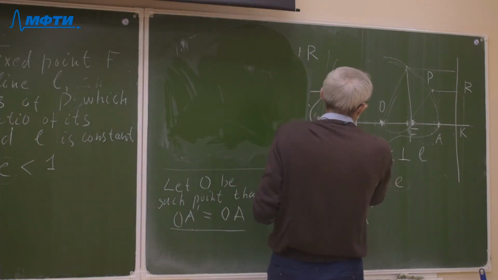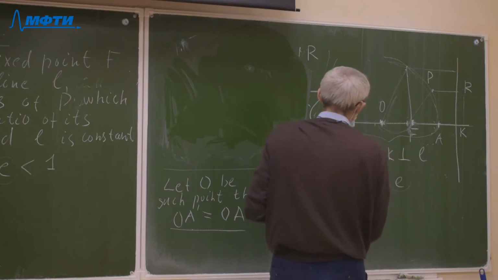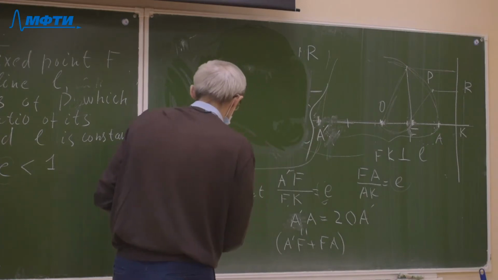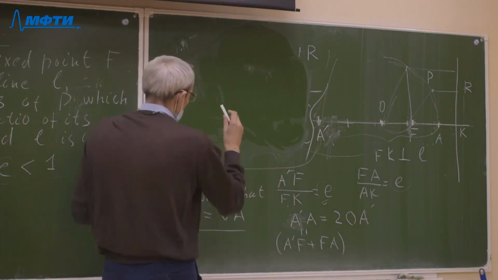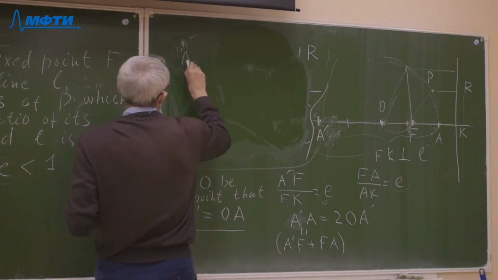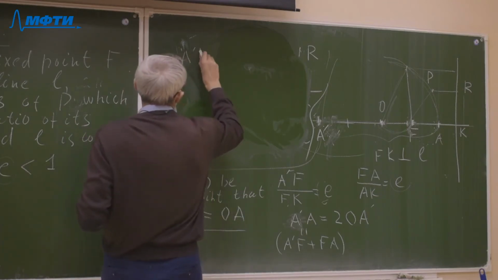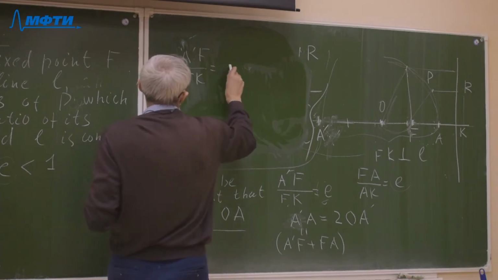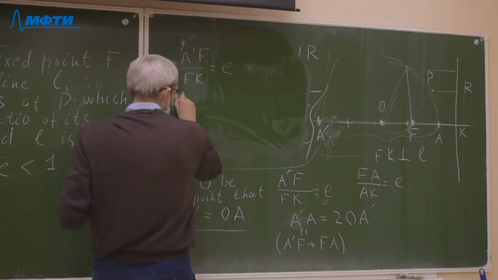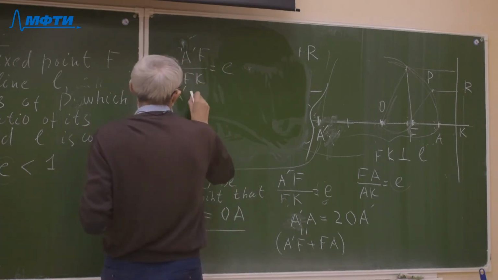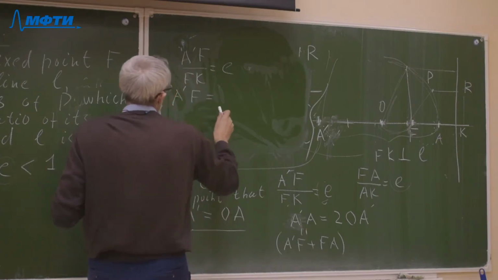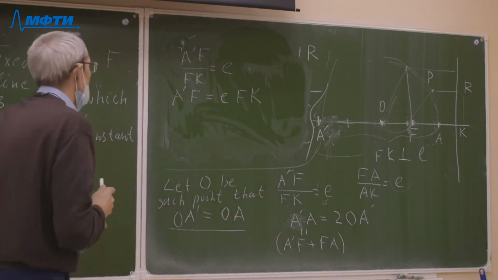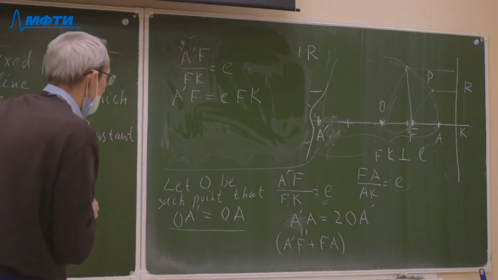We can consider A prime F to Fk is equal to E, so A prime F is equal to E times Fk.